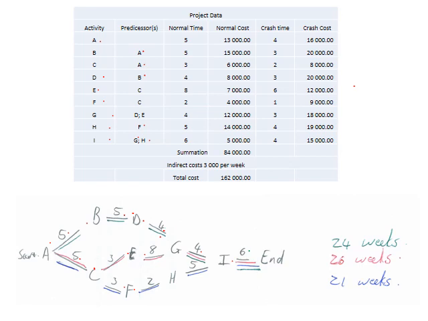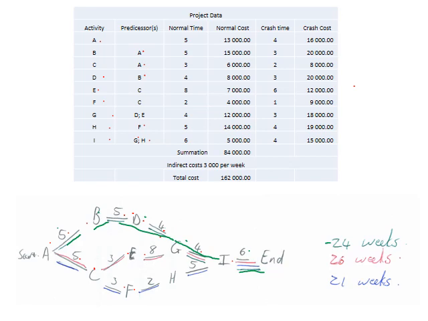So we've got I, G, D, B, and A, and we add those together. In this instance it's the green one that we've calculated, so it's green all the way here. Remember to add that 6 here, so we get to 24.